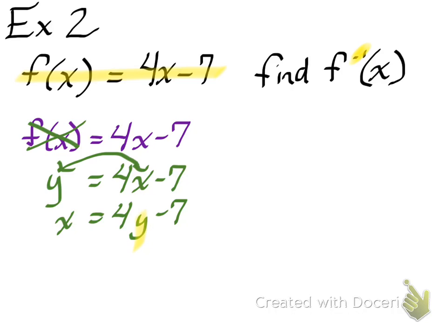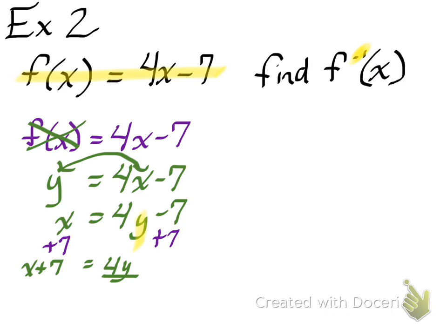So to solve for y, I need to get y alone. I am going to add 7 to both sides. x plus 7 cannot combine, so I am left with x plus 7 equals 4y.